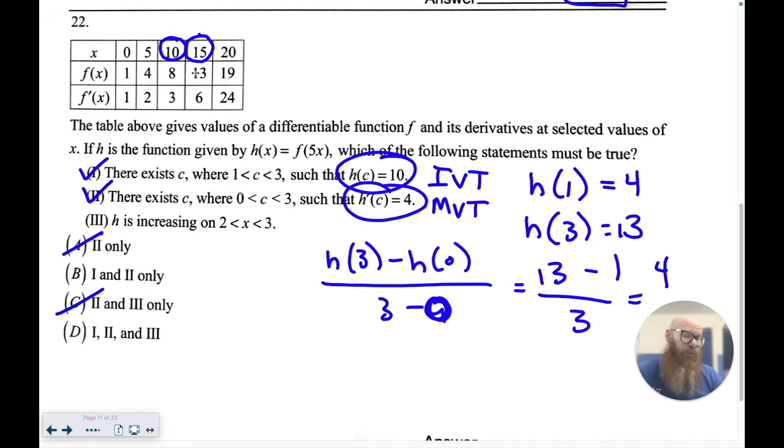And it goes from 8 to 13, so it increases. But these are just select values. We don't know what happened. For all we know, at f of 11, its derivative is negative, and this goes from 8 down to 2 and then back up to 13. We don't know that. We just don't have enough information to say that it is increasing the whole time. So the answer ends up being B.